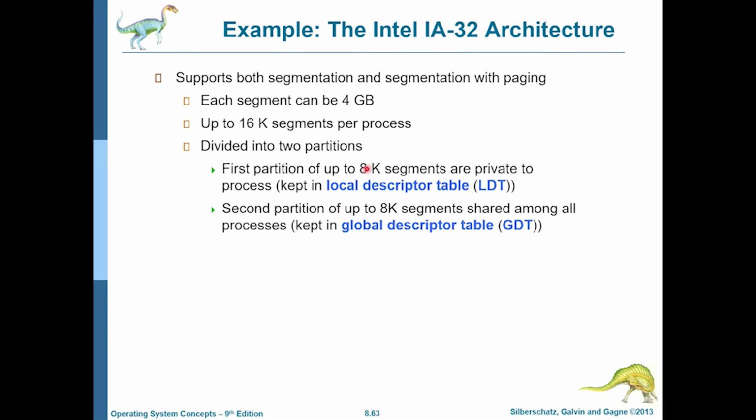One partition is described by the local descriptor table, and these are private to the process, and you can have 8K segments like that. And then the second partition is described by the global descriptor table, that is GDT, and you can have 8K segments that way, and these 8K segments are shared among all the processes.